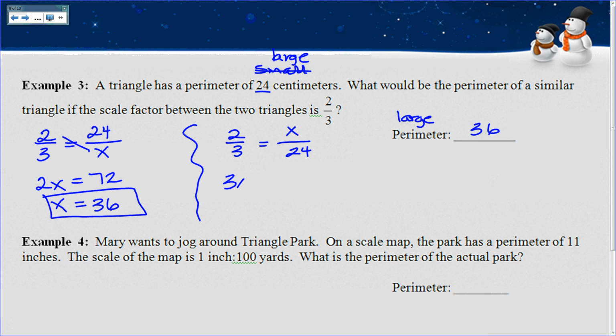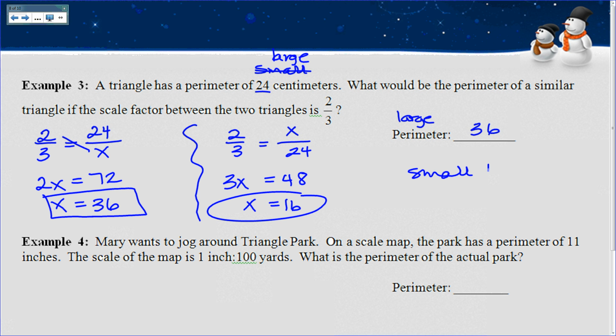So then I would say 3x equals 48, divided by 3, x is 16. So the small perimeter, depending on how we set it up, would be 16. So just depending on what information they give you depends on whether it goes in the top or the bottom. If they told you it was small, then you would put it with the small number. If they told you it was the large, you would put it with the larger number.